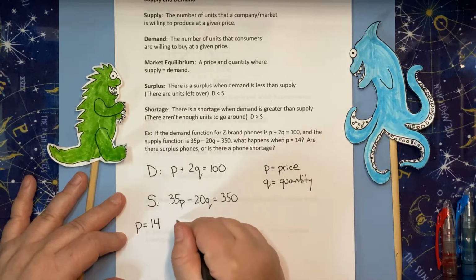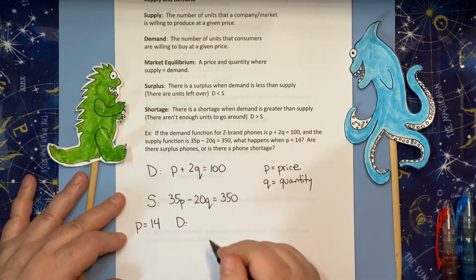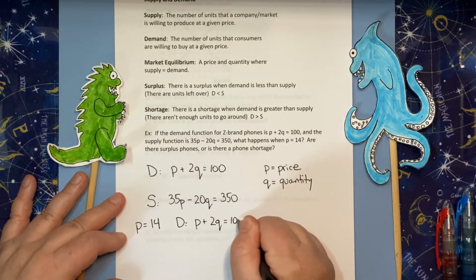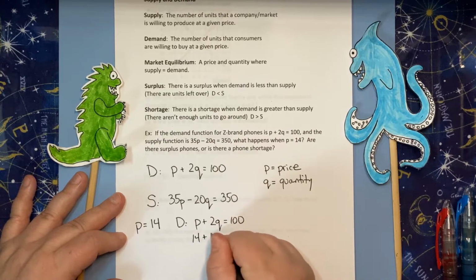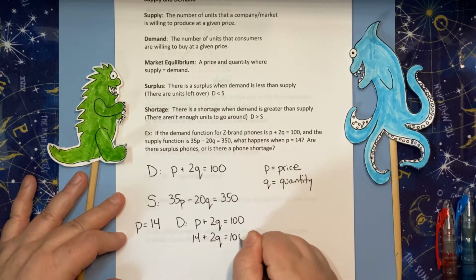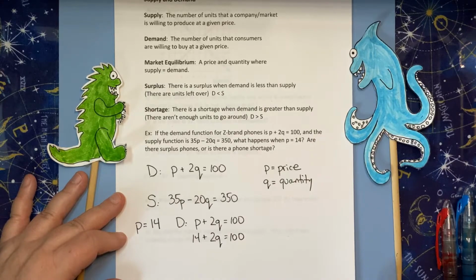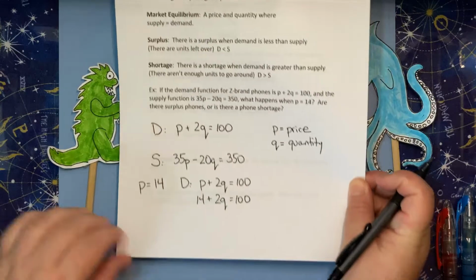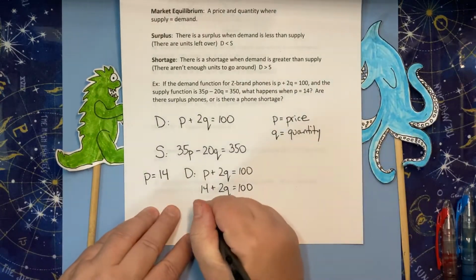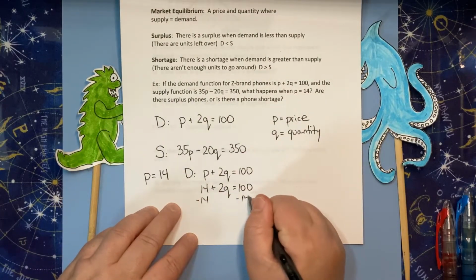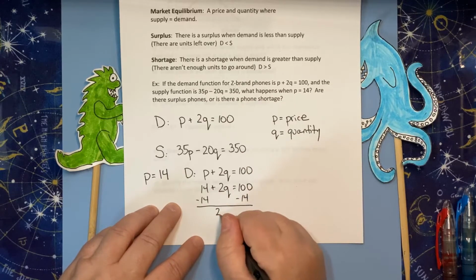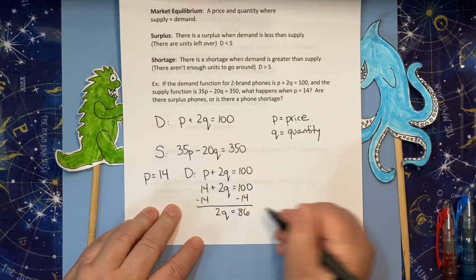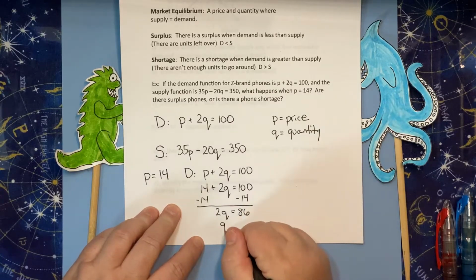Then the demand looks like this. Where the P was, we plug in 14, and then we can go ahead and solve for Q. I can subtract 14 from both sides, and I get 2Q equals 86, in other words, Q is 43.